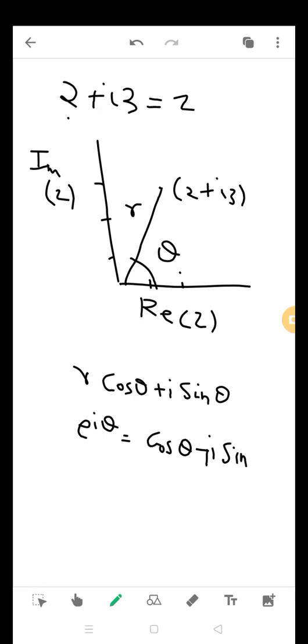So we can write the complex number as r e to the power i theta. So this is the polar form of representing a complex number.